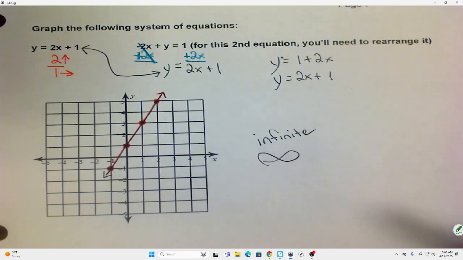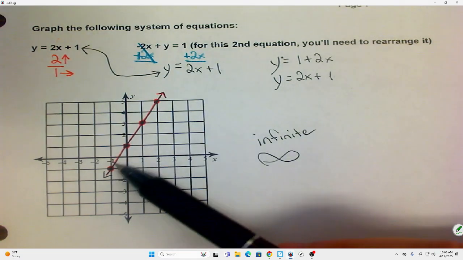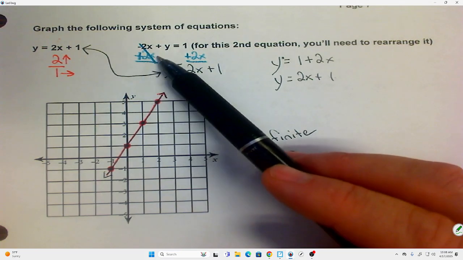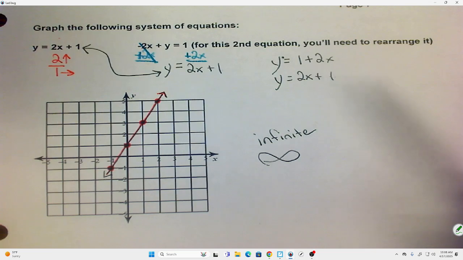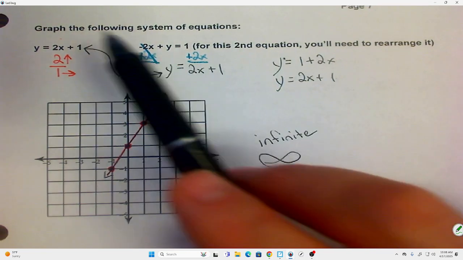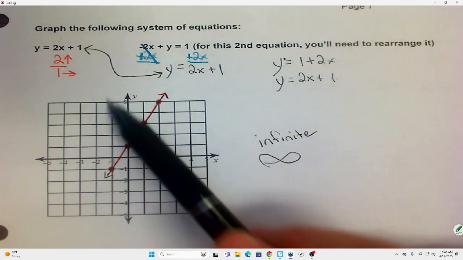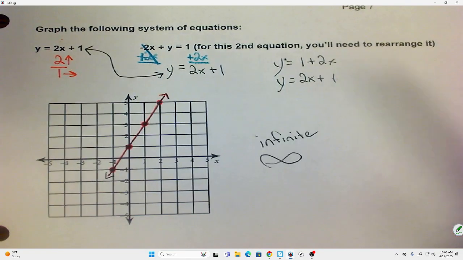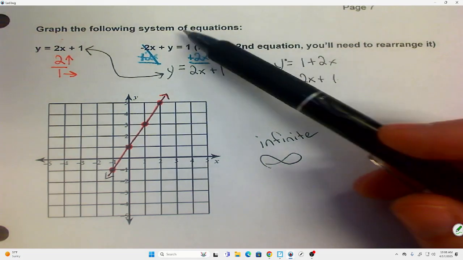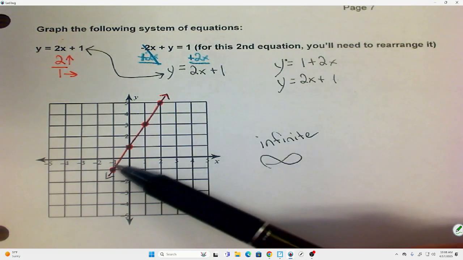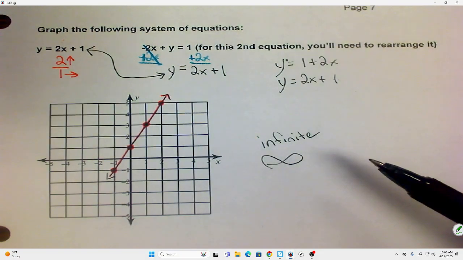So there's infinite possible solutions to the system. And you normally don't see this because they try to camouflage the second equation so it doesn't look like the first. But once you untangle it to go graph it, it's the same thing. So if you ever see one line and they're saying it's a system, know that it's actually more than one line, and that would be infinite solutions.